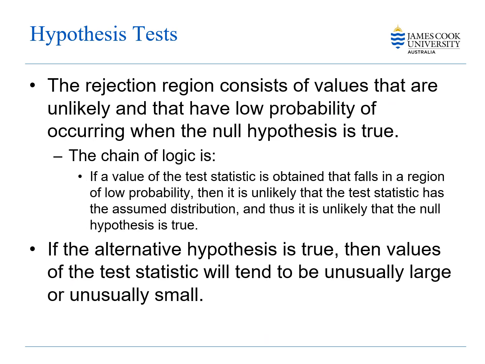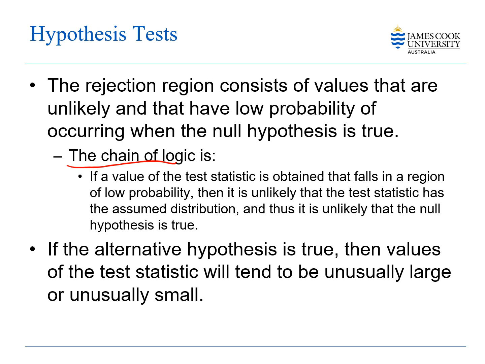So the rejection region consists of values that are unlikely and that have low probability of occurring when the null hypothesis is true. So the logical reasoning is, if a value of the test statistic is obtained that falls in the region of low probability, so this rejection region has a very small probability of occurring if the null hypothesis is true, then it indeed occurs, because we already computed this.